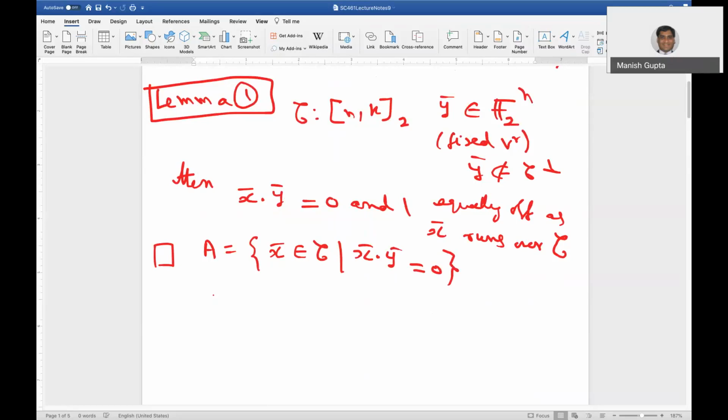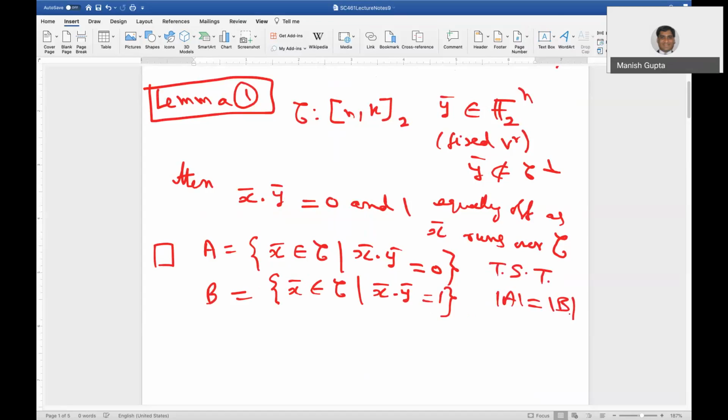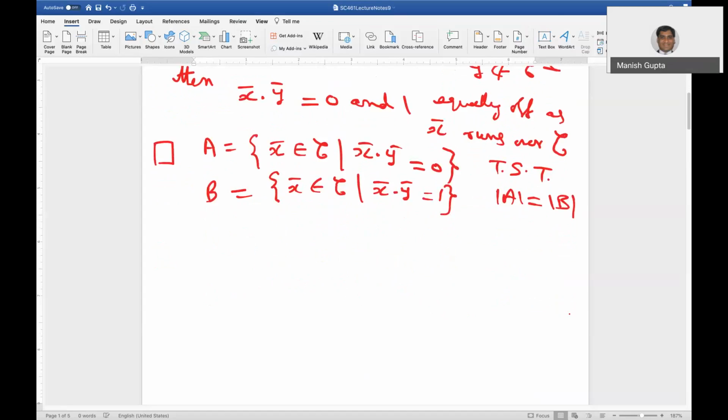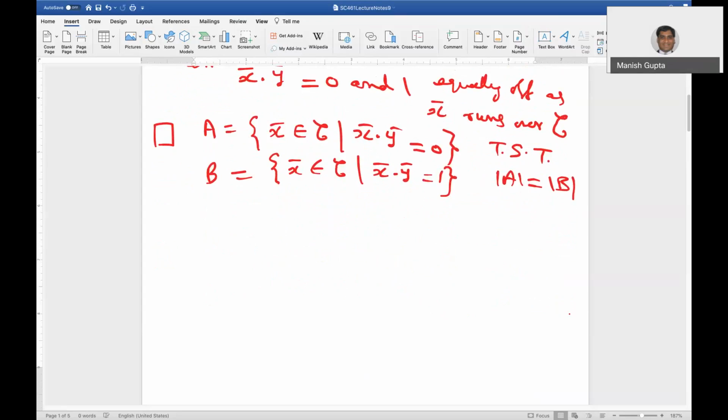And suppose B is a set, all those code words x in C such that inner product of x dot y is 1. So our target is to show that cardinality of A is the same thing as cardinality of B.